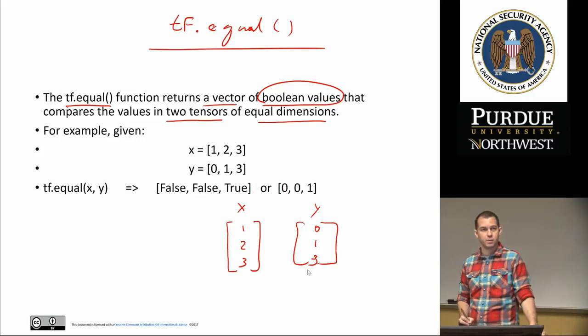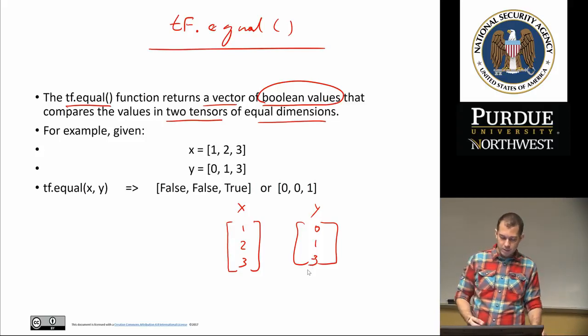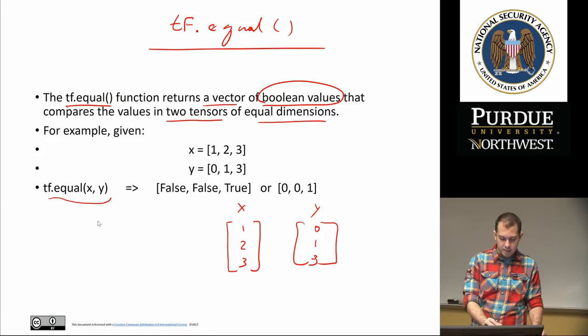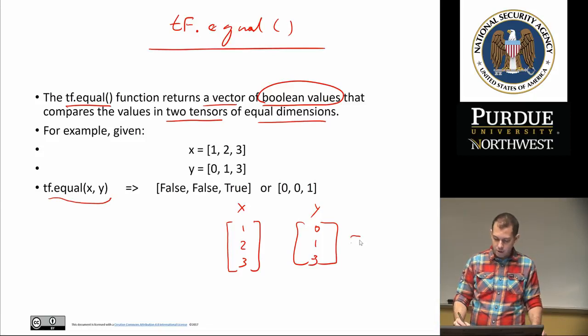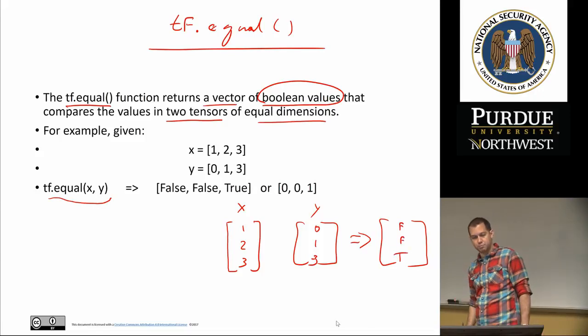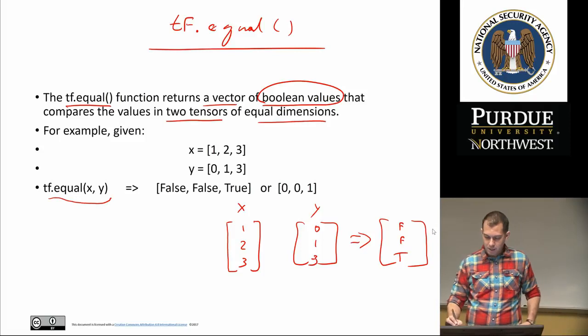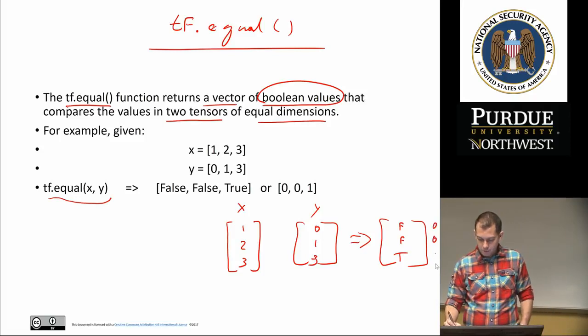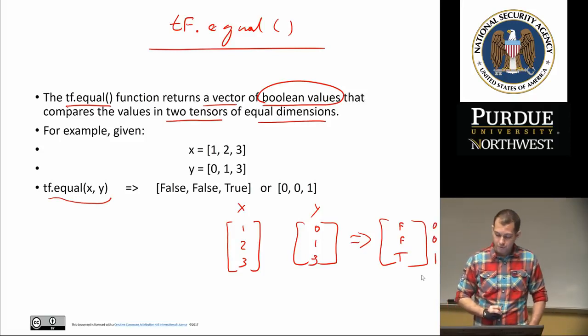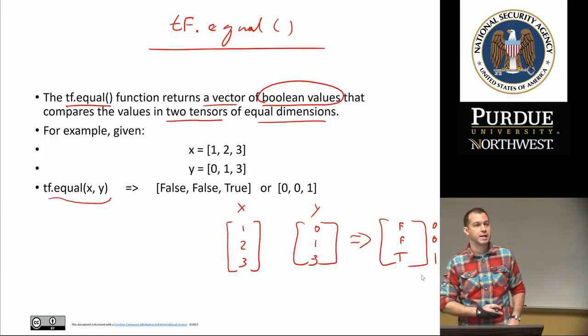We can already see that we only have one match. So what tf equal does here is it takes x and y and returns a vector of do they match or not. The first two do not match, and the last one does match. So that gives us 0, 0, 1, or false, false, true.